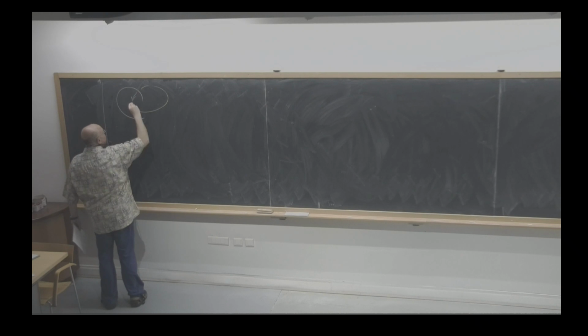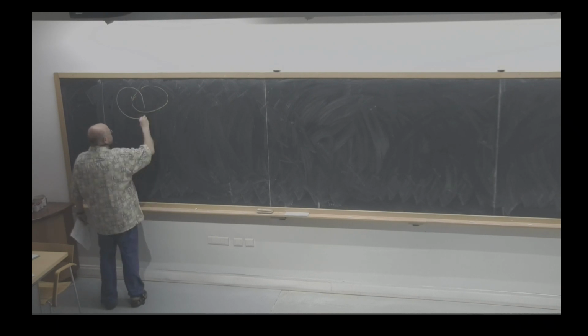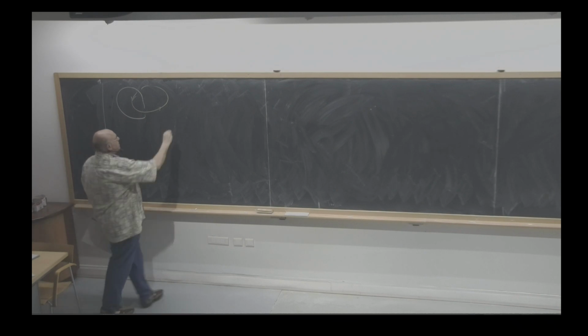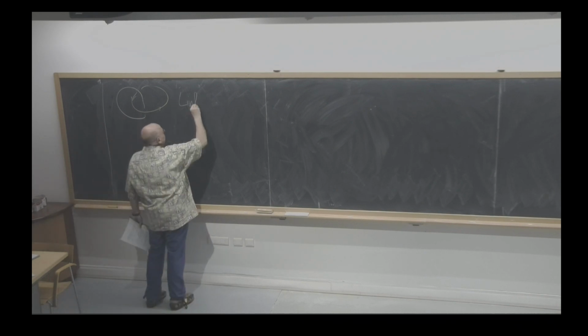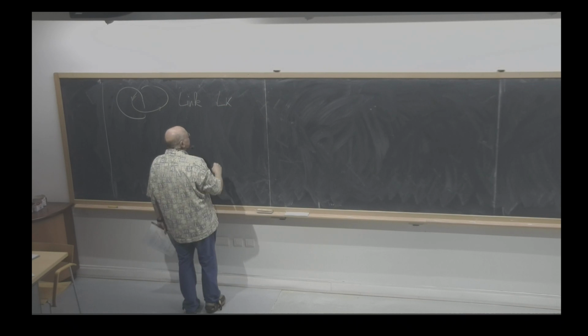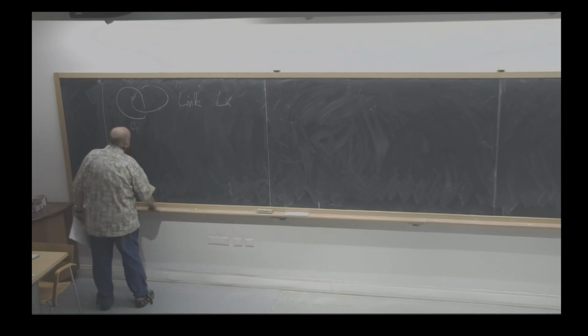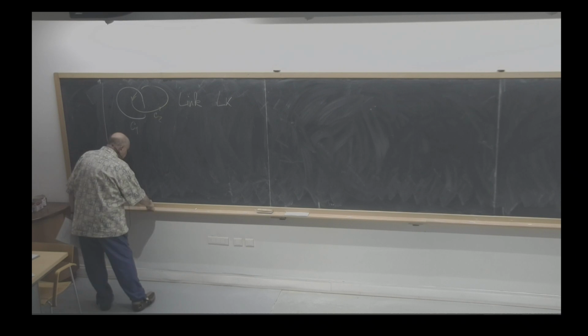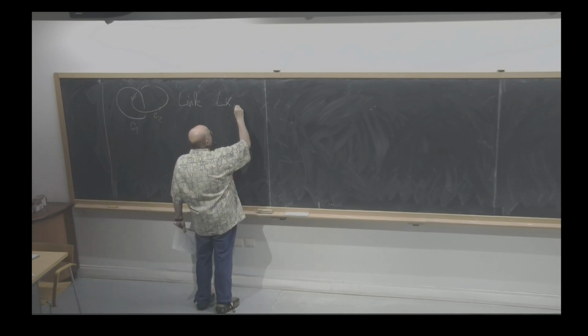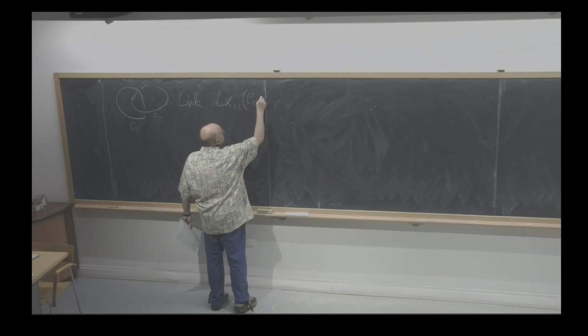We put orientation, and then this object is a link. Then we introduce the linking number, and the linking number between, say, C1 and C2 is just Lk(1,2) of these two curves, C1 and C2.